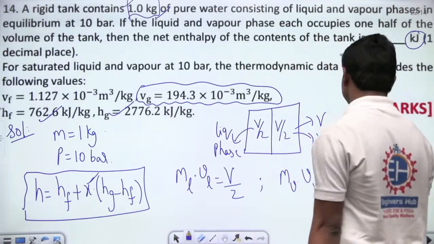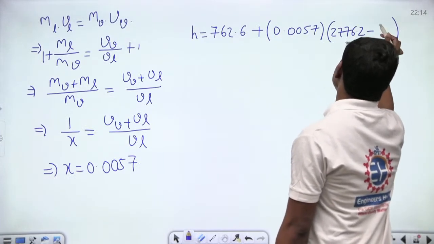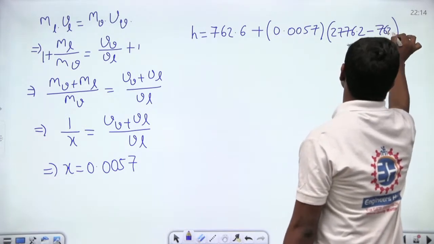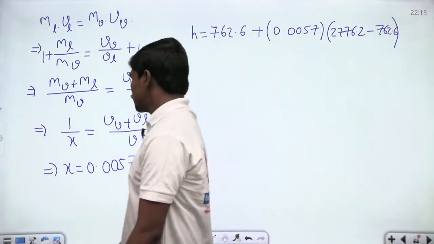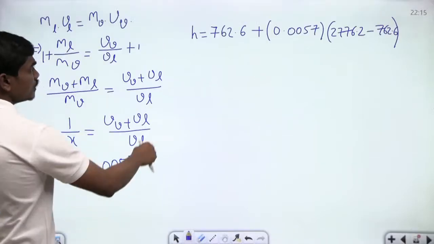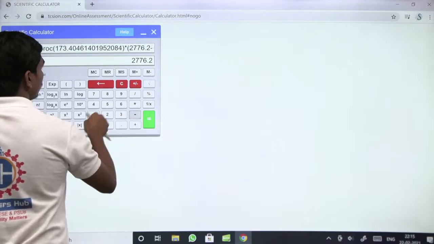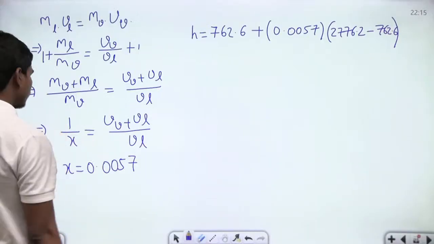So 2776.2 minus HF value, which is 762.6. This is the value that you need to calculate. So if you calculate this value, we will be getting 2776.2 minus what do we have?